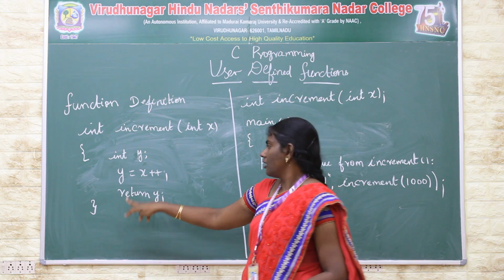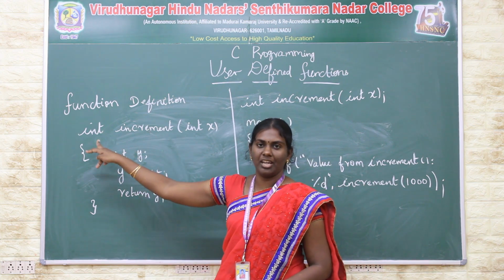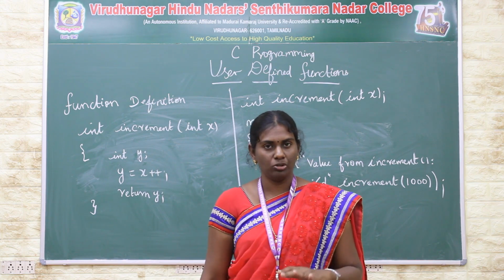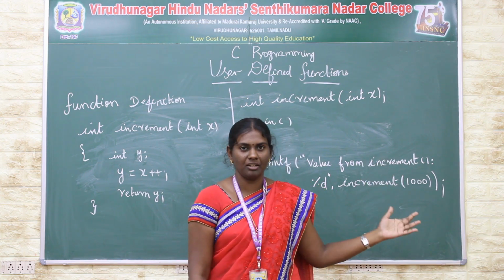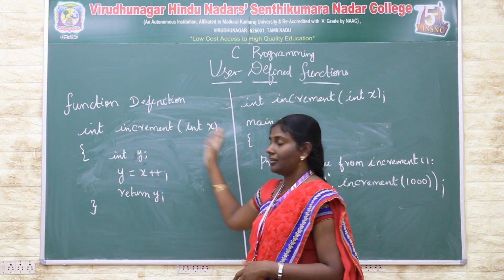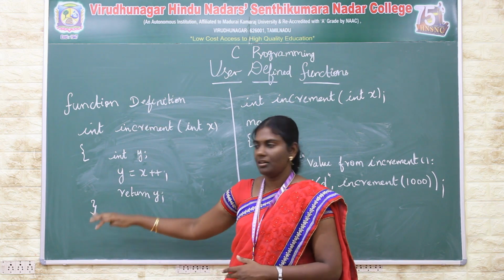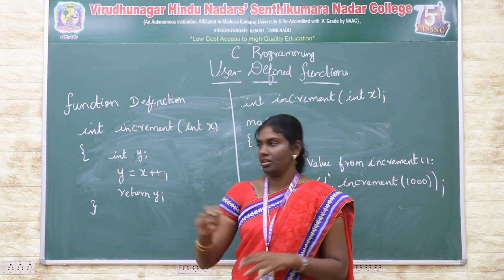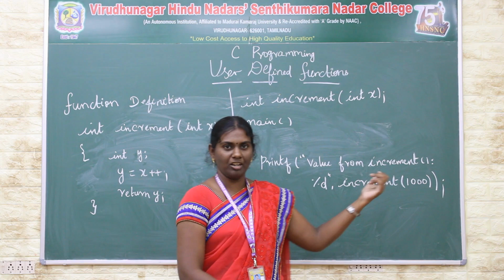We have seen already that the function return type is integer, so it must return an integer value to the main function. From the main function, we are calling the function increment and it executes. When the execution is completed, it has to return an integer value to the main function. Here the value y is returned back to the main function.